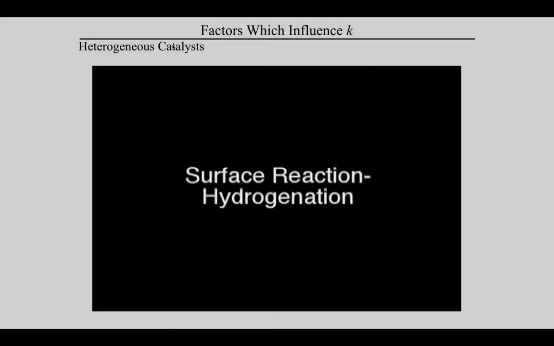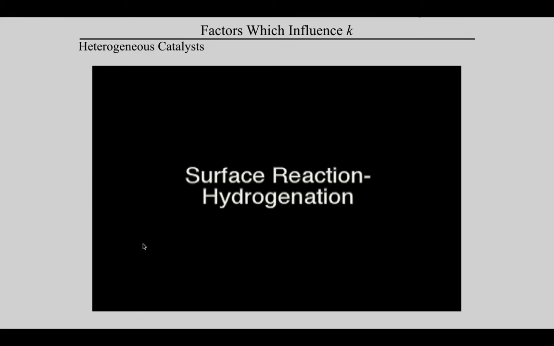So guys, the thoughts that we have swimming around in our head right now are adsorption, active sites, and this idea of heterogeneous catalysts.